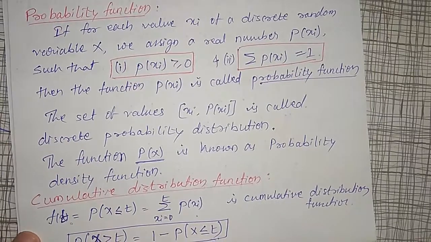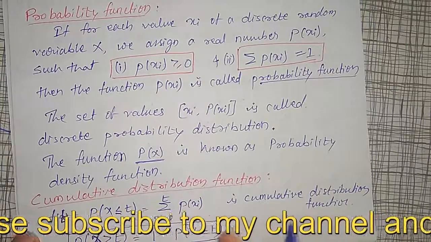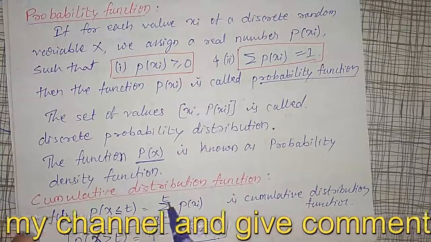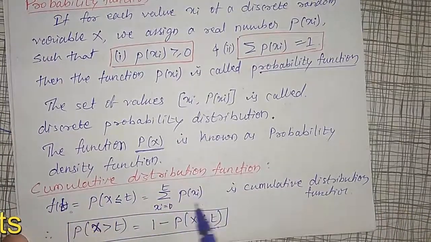Then the cumulative distribution function, F of x, or I will call it F of t, is nothing but the probability of x less than or equal to t. Whatever the probability functions you are adding up to t, from xi equal to 0, 1, up to t, all that probability addition is known as a cumulative distribution function.